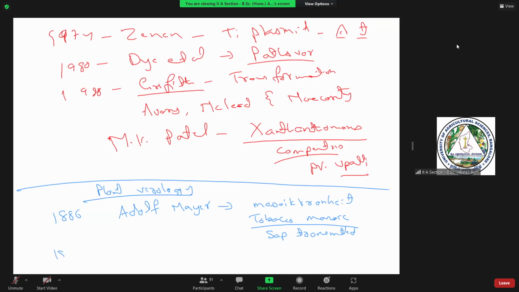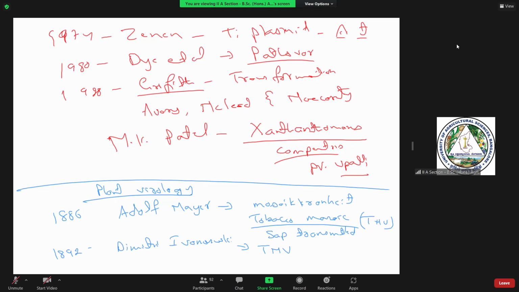In 1892, Dmitri Ivanovsky demonstrated that the causal agent is the tobacco mosaic virus, often called TMV.